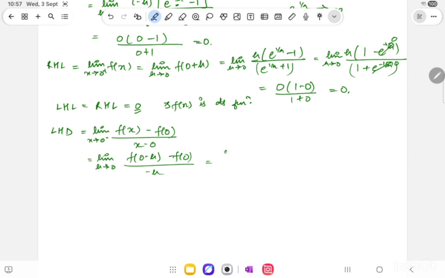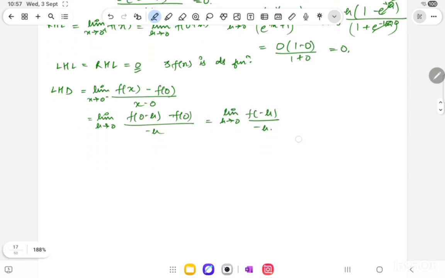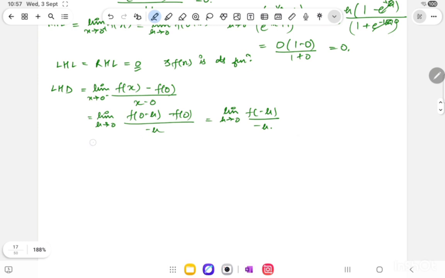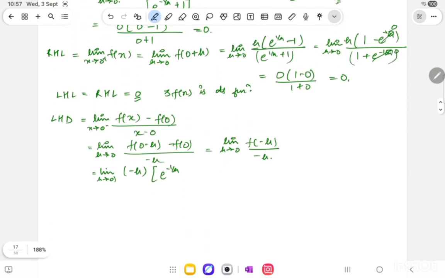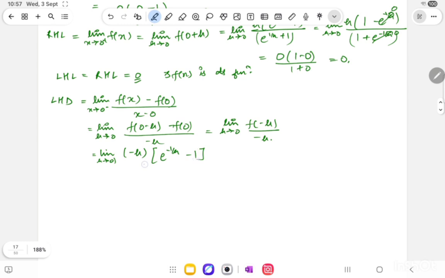This is equals to, my f of 0 is 0, so this is limit h approaches 0 f of minus h upon minus h. So this thing is equals to limit h approaches 0 minus h into e raised minus 1 upon h minus 1 upon e raised minus 1 upon h plus 1 divided by minus h as well.